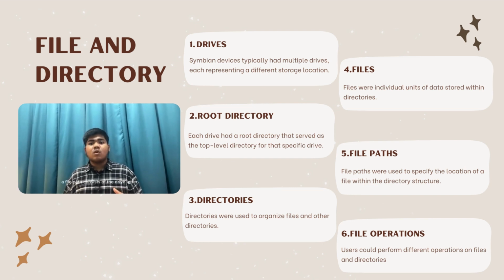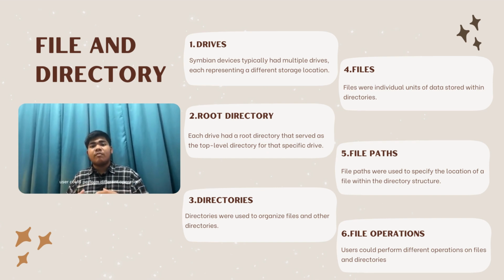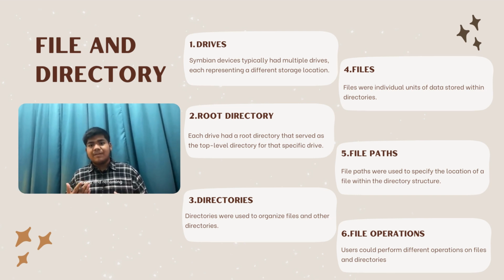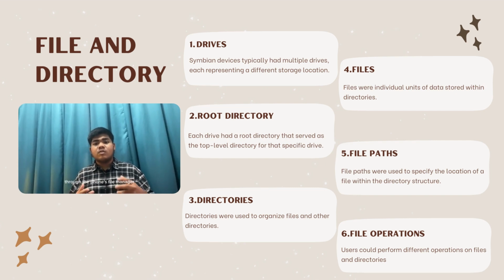A file path consists of the drive letter, directory's name, and the file name. And number 6, the last one, is file operations. User could perform different operations on files and directories, such as creating, deleting, copying, moving, and renaming. These operations were typically carried out through the phone's file manager.